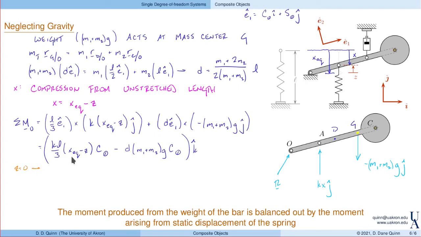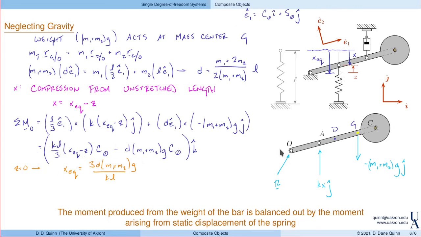And so we can solve for the static equilibrium displacement in the spring. So that gives me x equilibrium as 3 times d, which was given up here, times m1 plus m2 times g divided by k times L. Notice that each one of these terms has a cosine of theta, and so that cancels out.